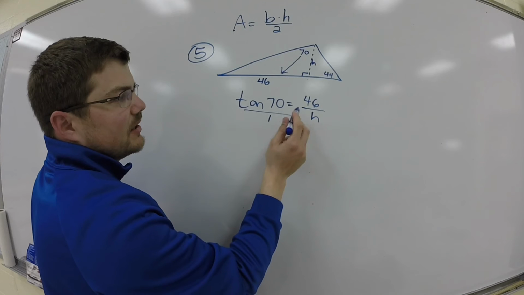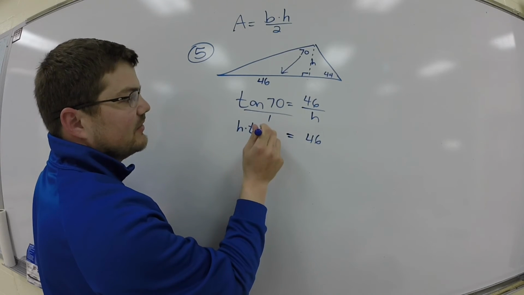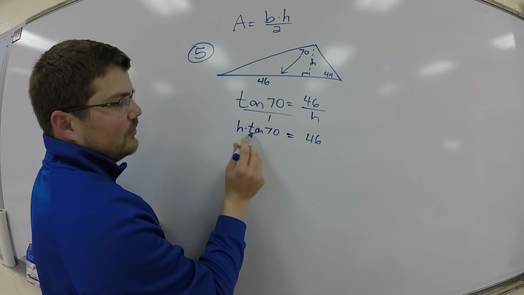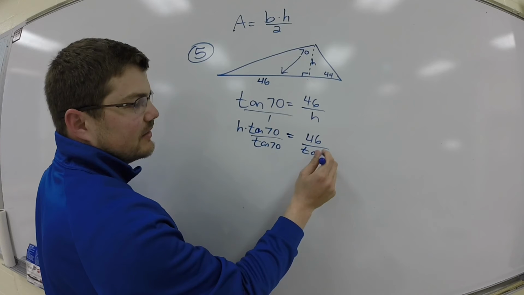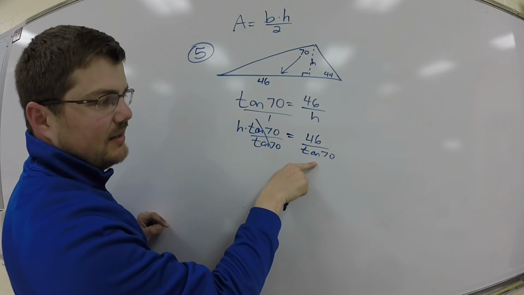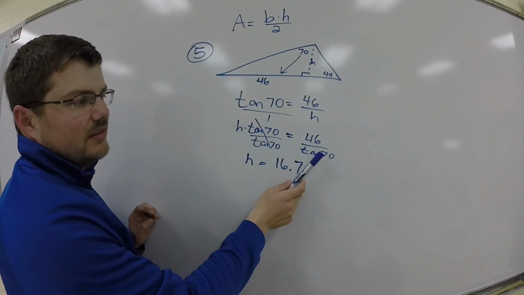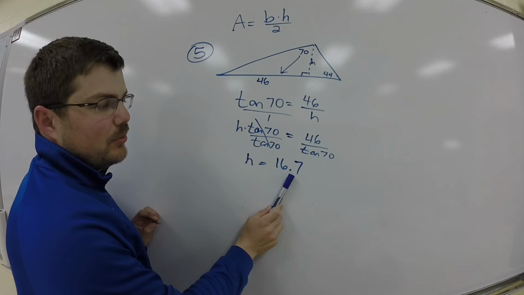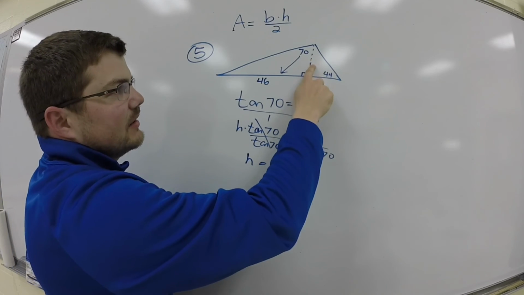And cross multiply, we get 46 equals my height times tan 70. And then we'll divide both sides by tan 70 to get my height by itself. So in the calculator, let's do 46 divided by tan 70 and round to the nearest tenth and see what we get. Okay, so 46 divided by tan 70 is 16.7 in our calculator. So that's the height of our triangle, 16.7.